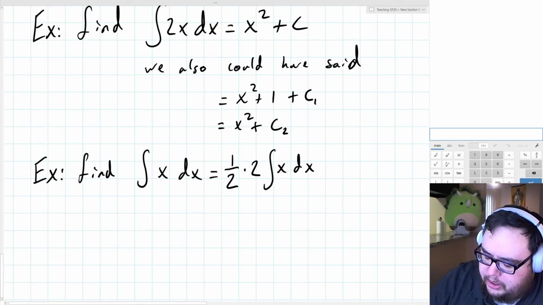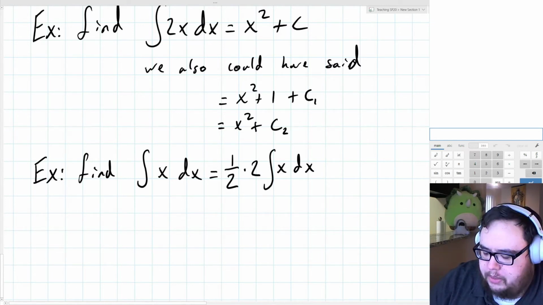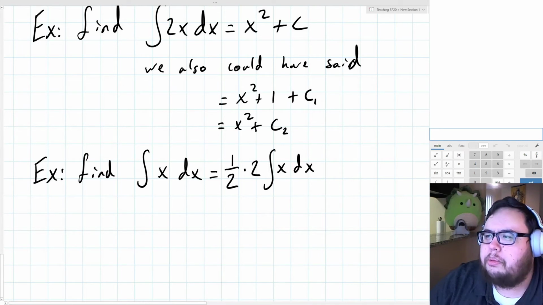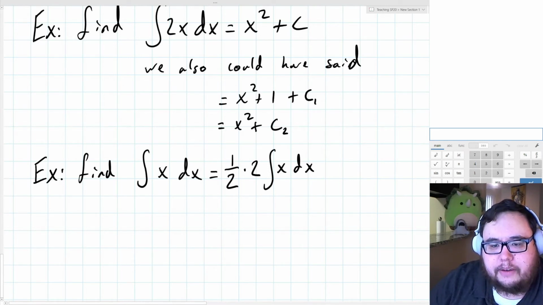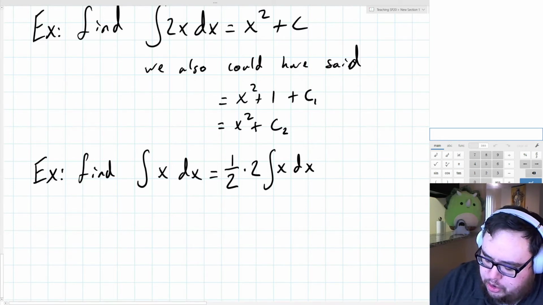And going back to one of our integral properties from before, this constant can come in and out of the integral. Constants can come inside, and all the properties that don't have to do with the bounds for definite integrals also apply to indefinite integrals. So we can push this 2 inside, which is 1/2 of the integral of 2x dx.